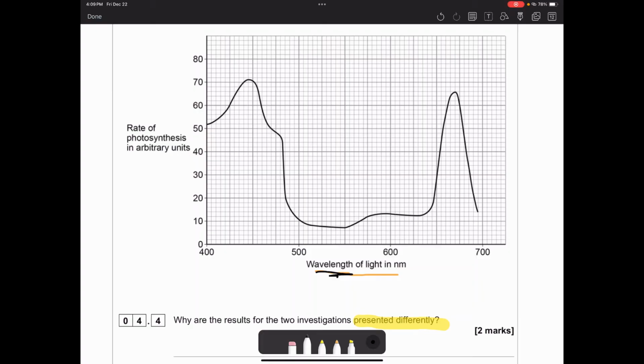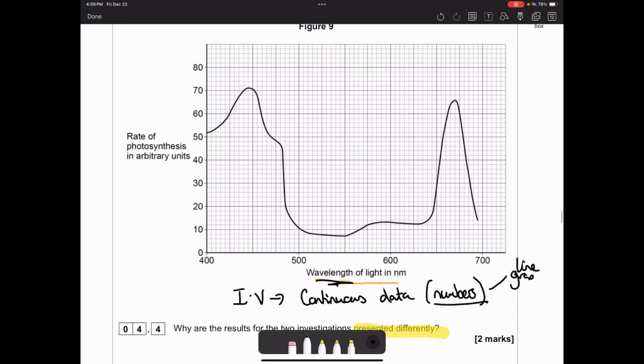So the wavelength of light is a number. This means our independent variable this time is continuous data. So continuous data is when you've got numbers as your independent variable. Okay, I'm changing the number, the wavelength of the light, and I'm measuring the rate of photosynthesis, and that is why I would then draw a line graph.